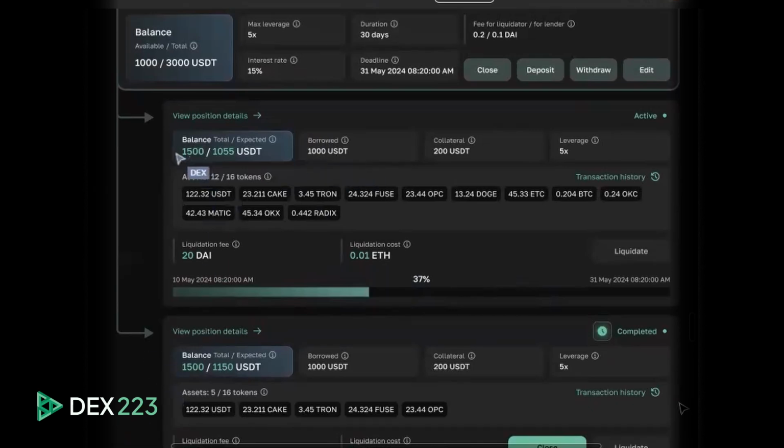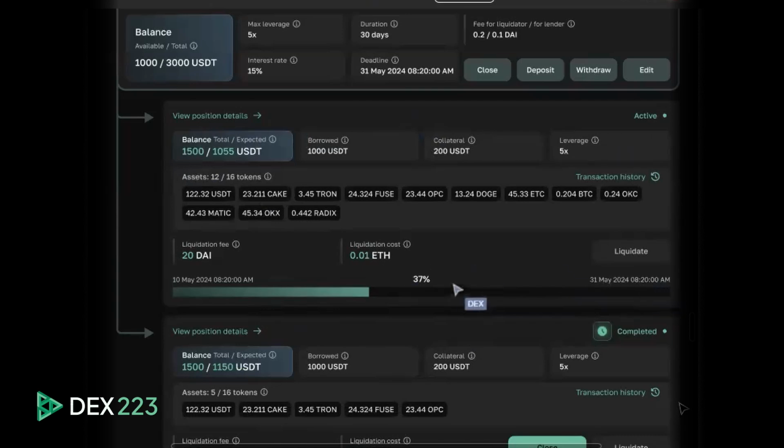And if the actual balance, the total balance, decreases enough and reaches 1,055 USDT, this position will be subject to liquidation and it can be liquidated. But in this case, it's fine. And if the position cannot be liquidated, then it is allowed to last for its duration, determined by this ending date.